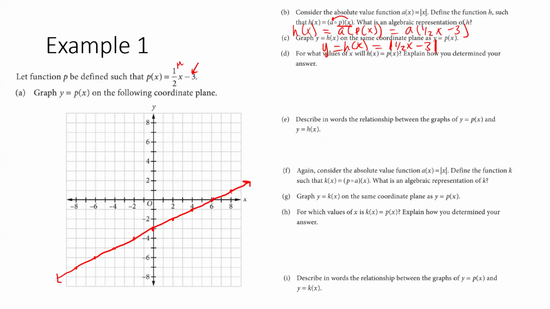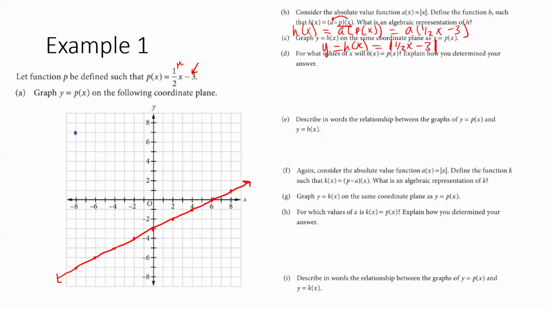So if I plug in -8 into this equation, what's half of -8? -4. What is -4 minus 3? -7. What is the absolute value of -7? 7. So what was a -7 now became a +7.